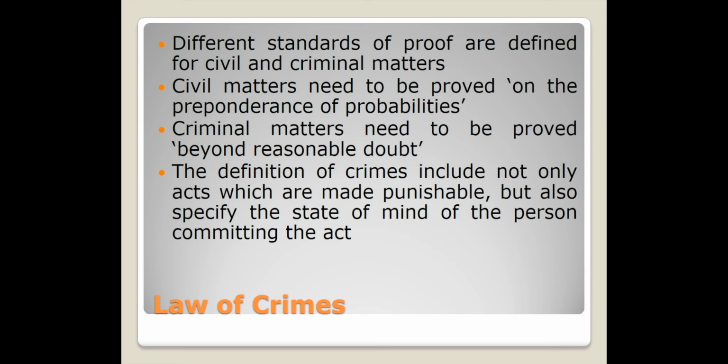That is to say, if I'm alleging you have stolen something from me, and as a result I've filed a civil suit against you to recover it, or to get damages for whatever you've stolen, I need to prove that it is more probable that you have stolen it than that you have not stolen it. So in civil matters, this standard of proof is called the preponderance of probabilities.